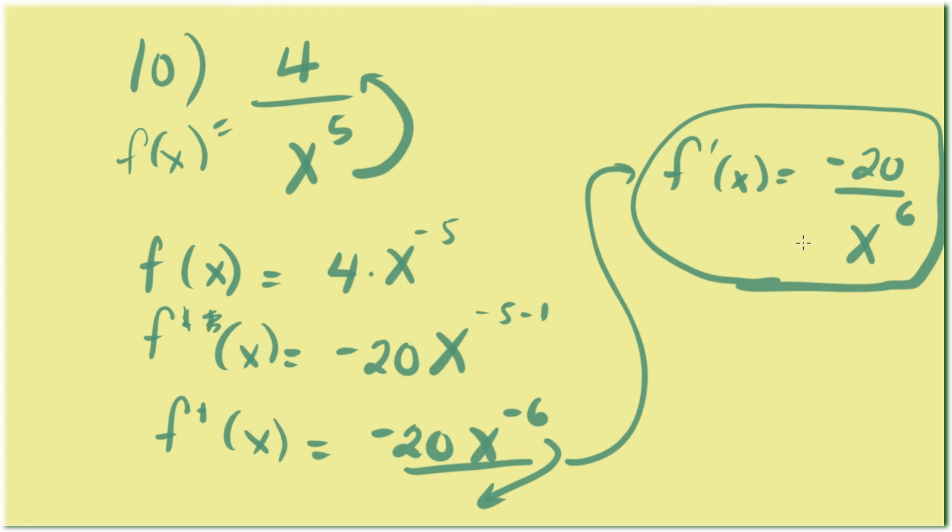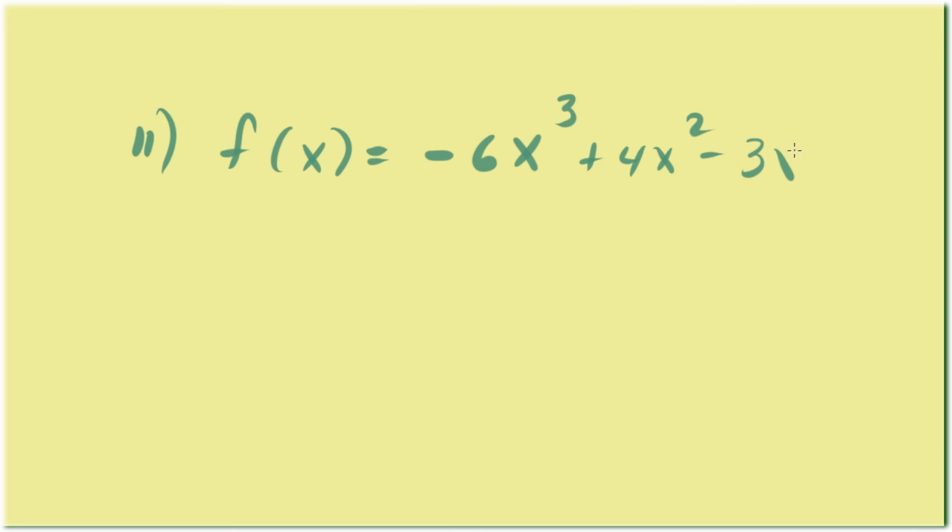All right. What about combinations of constants and some variables? Let's say you have negative 6x cubed plus 4x squared minus 3x plus 7.